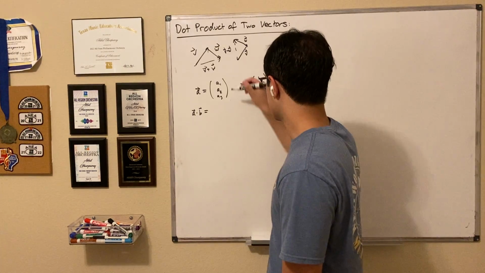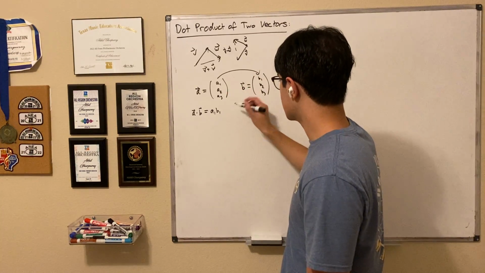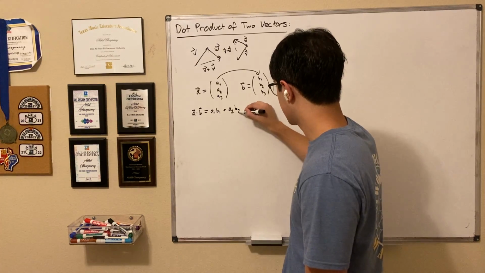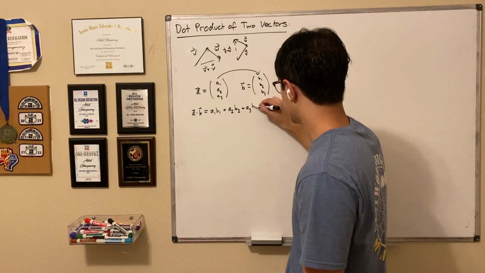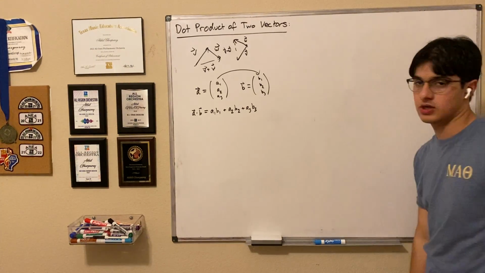In other words, you get a1 times b1 plus a2 times b2 plus a3 times b3. This is the definition of the dot product.